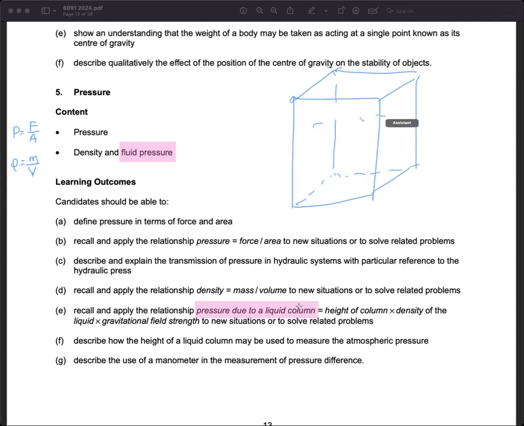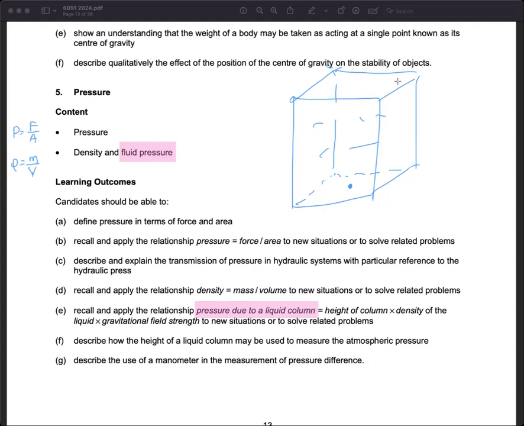Inside is all water. You want to find how much pressure the water, or this fluid, is acting on this point. You have to find how much pressure at this point, which is actually based on the amount of fluid above it. In this case, it is the liquid.